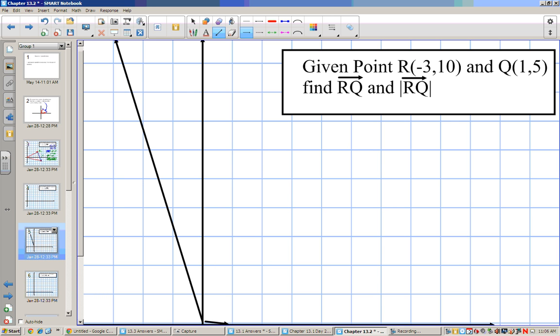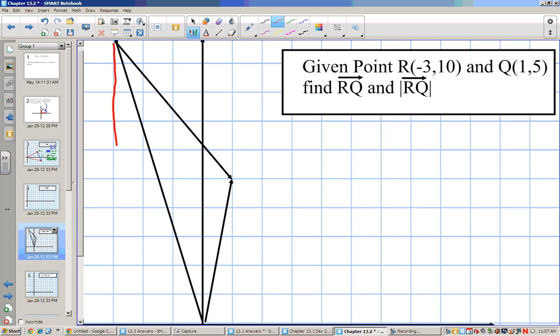My vector Q is 1, 5: 1, 2, 3, 4, 5. Now if I want to find RQ, I go from R all the way to Q. So let's measure our distance down and our distance over. I'm going down 1, 2, 3, 4, 5. I'm going to the right 4.